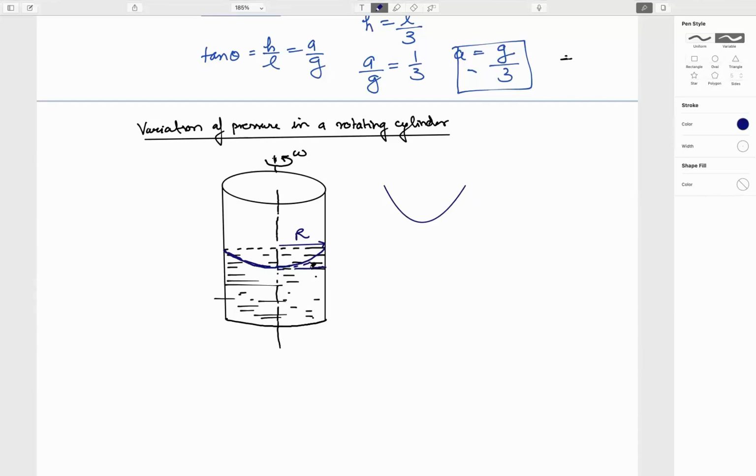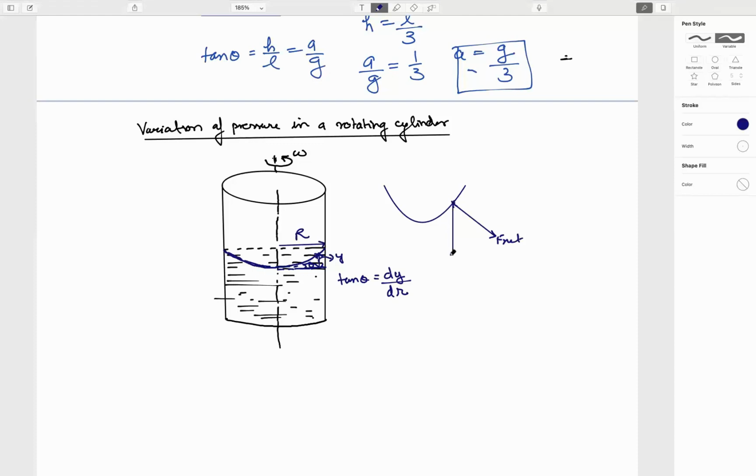And so if this is R, let's say this is Y, or I can take inside this. So this is Y, this is theta. Then tan theta is nothing but dy by dr. And because we are rotating this, according to the pseudo-force, if we take this particle here, the F net will be like this.